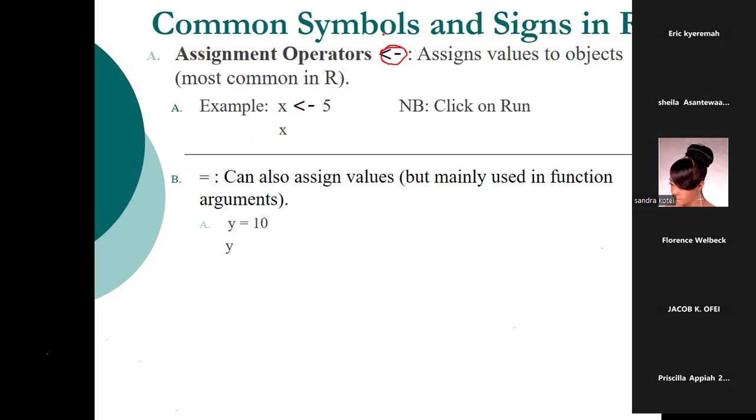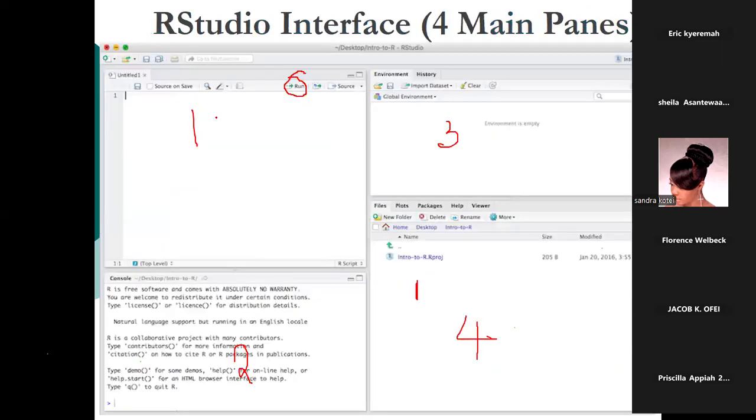I want us to take our time and go through. So now type X in the source pane here. You type X assigned 5.